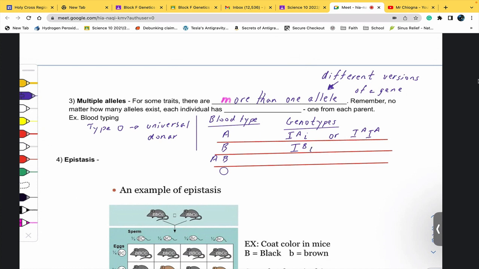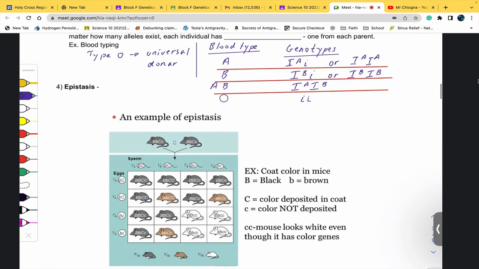You can have IB and little i, or 2 dominant. Okay, for blood type AB, there's only one genotype, IA, IB. And these little i's I've been talking about, two of them together give us the type O blood, the universal donor. Okay.